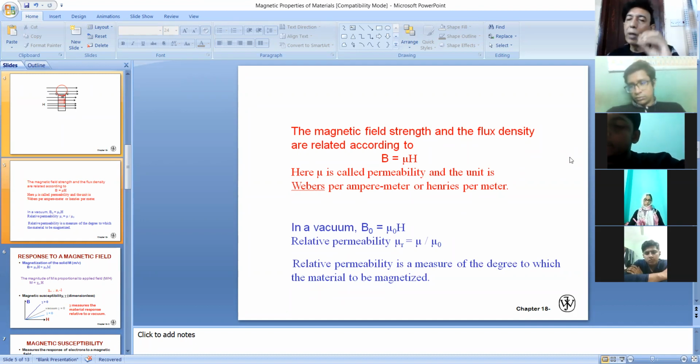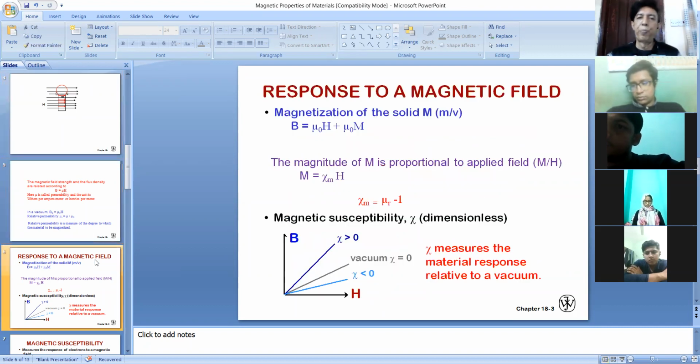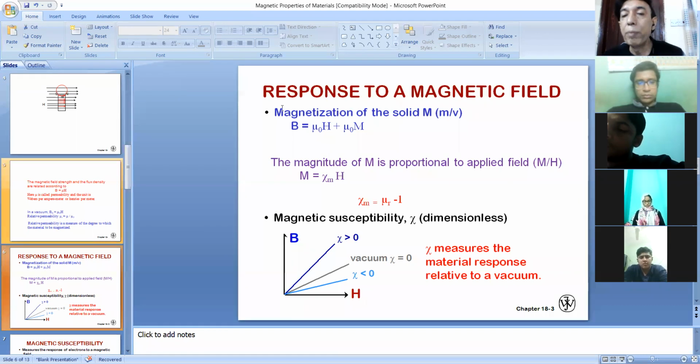The relative permeability will tell you to what extent you can magnetize a magnetic material. So what do you mean then by magnetization?